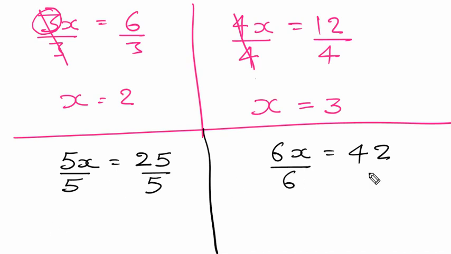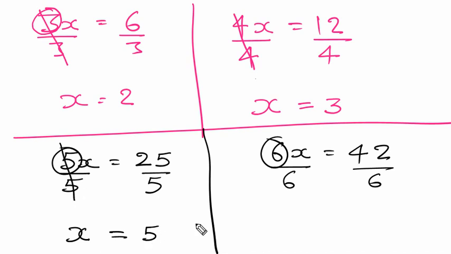Similarly here, divide with this number. Always remember, with this number, because we want x separate. So x equal, this is cancelled out, 25 divided by 5 will give you 5. Now similarly here, x is equal 42 divided by 6 will give you 7. Now this is a single step equation.